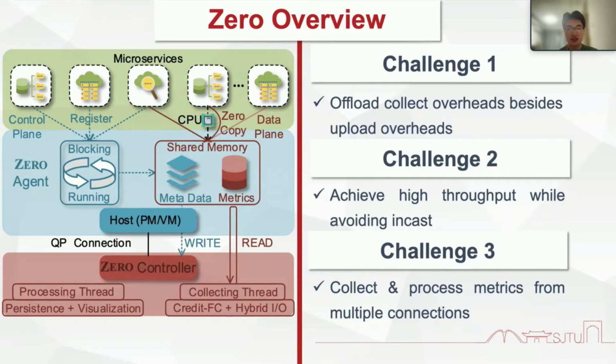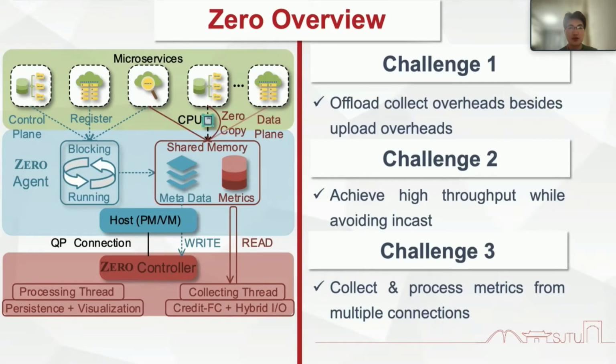Second, each controller collects metrics from multiple hosts or many QP connections in a large-scale distributed monitoring. However, it may cause a cluster problem. Third, the controller is also bottlenecked on CPU besides the network, as all collecting, processing, and uploading processes are offloaded to the remote controller.